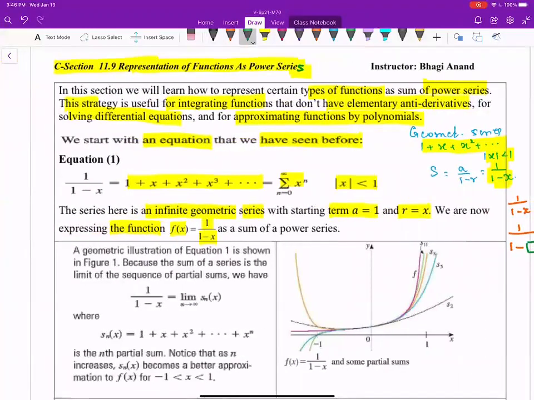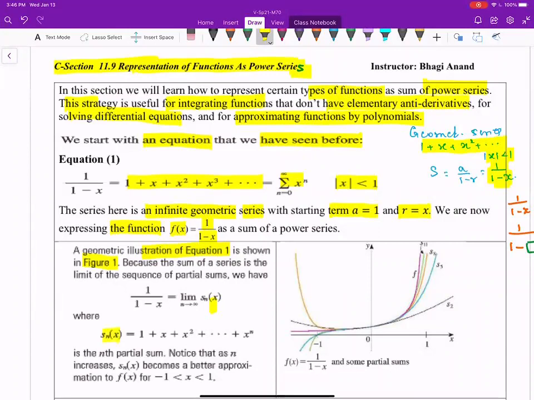The geometric series of equation 1 is shown in this figure. We know that a series is the limit of the partial sums, right? So if I consider Sn(x), Sn(x) is the sum of n terms of this geometric series.